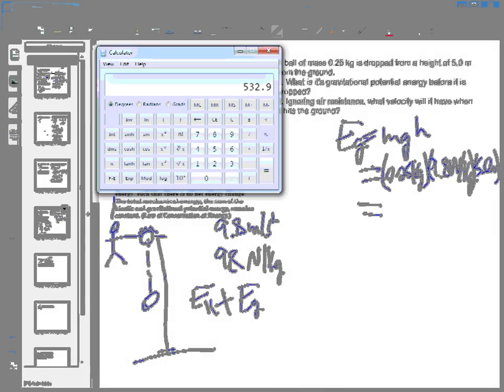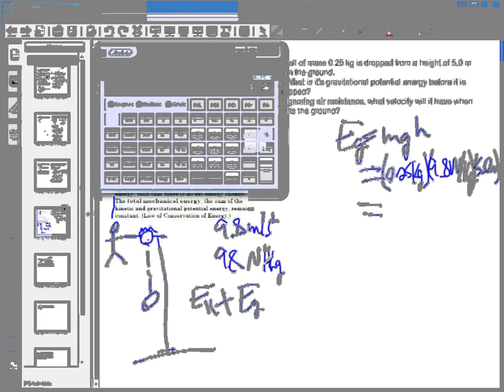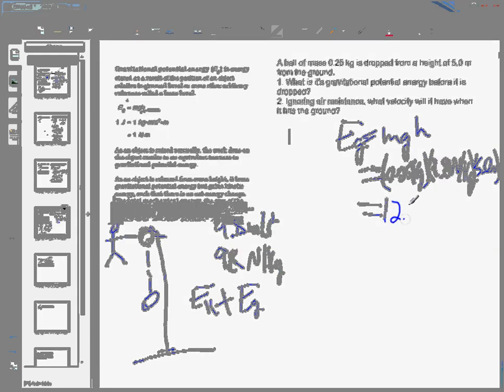And that equals 0.25 times 9.8 times 5 equals 12.25. Now what are our units?